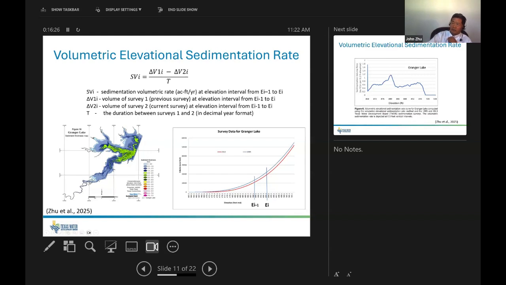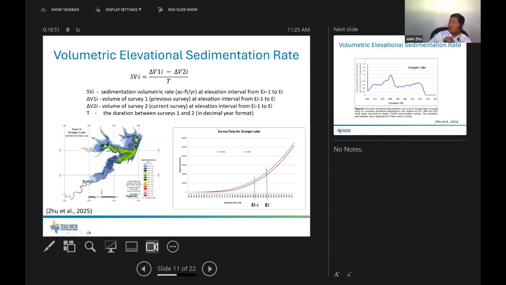And the sediment is in the middle and lower portion, but it can be anywhere. So what we do is for each elevation interval, and I make it very large here, but actually it's very small, just about 1 inch, or say 0.1 feet interval.